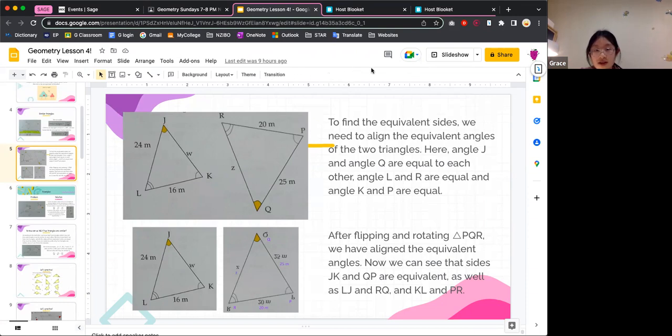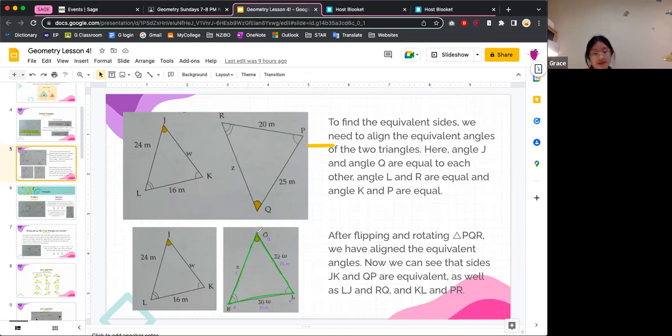Over here, the triangle on the right, PQR, I've flipped upside down and then flipped left to right as well. It took a bit of tech skills to do that. But I ended up with this one right here.